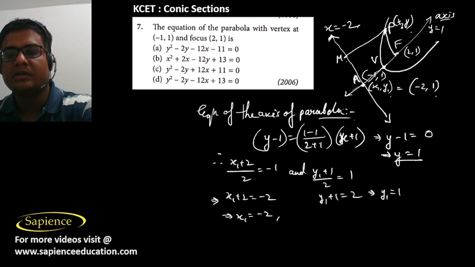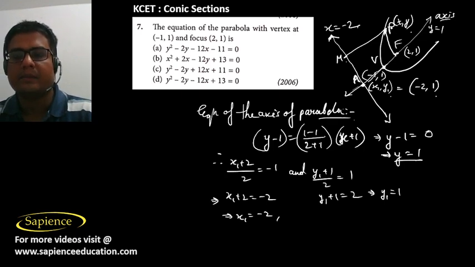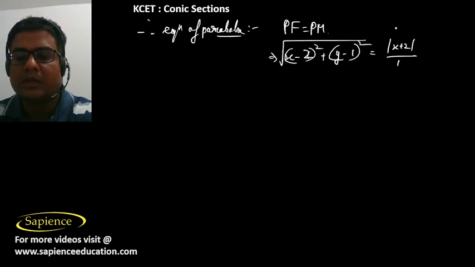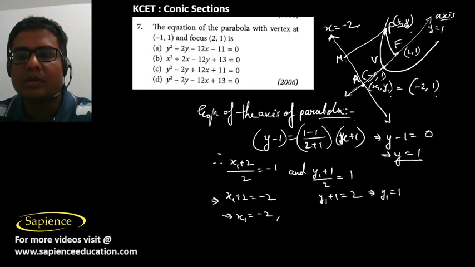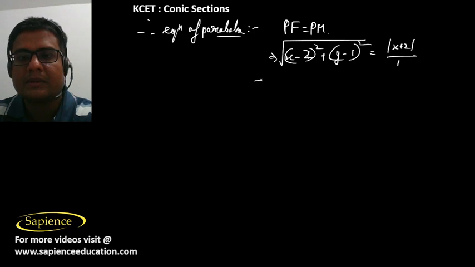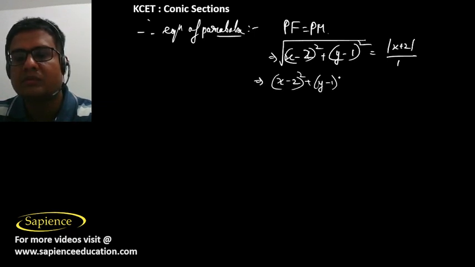Any arbitrary point on the parabola is taken as x comma y. So if you square on both sides, then this will be (x minus 2) whole square plus (y minus 1) whole square, that is equal to (x plus 2) whole square.